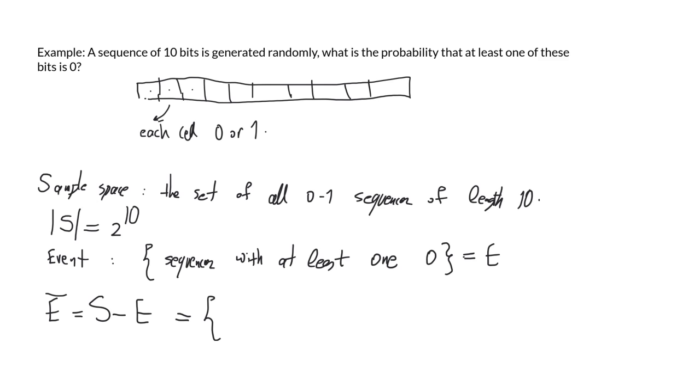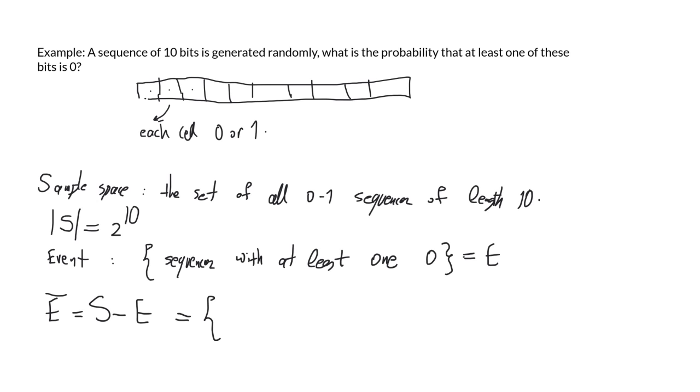And what is E bar? Let's interpret it. E bar is by definition any sequence in S which is not in E. That means a sequence is in E bar when it does not have at least one 0.